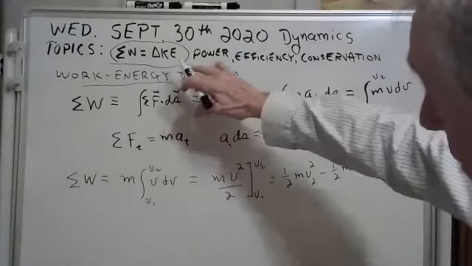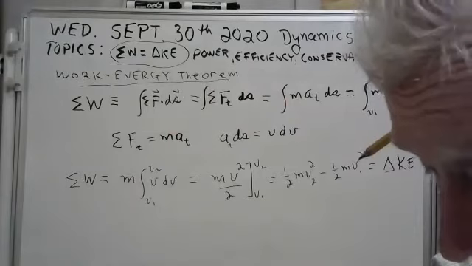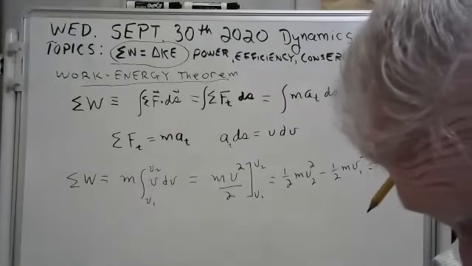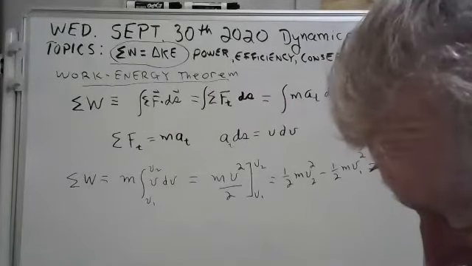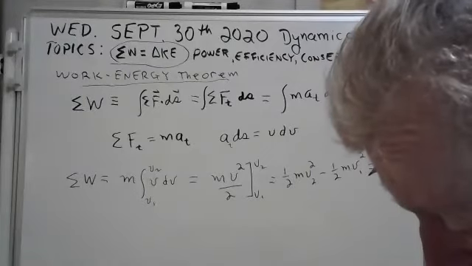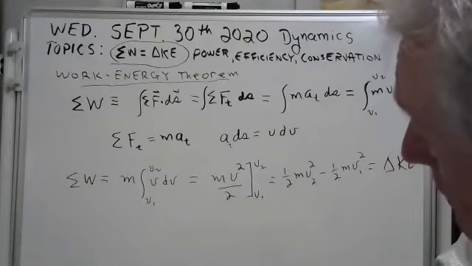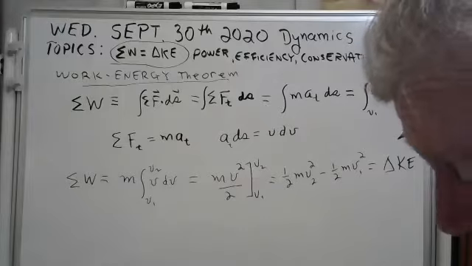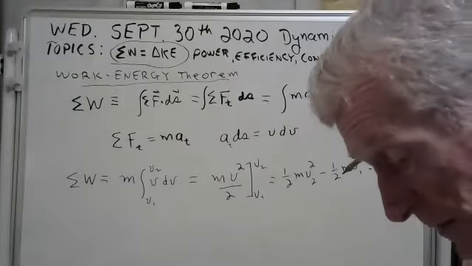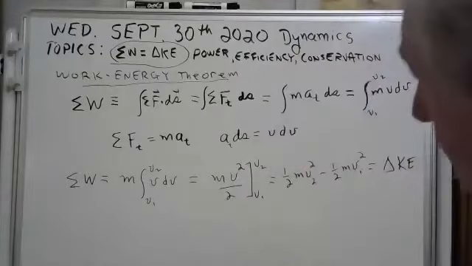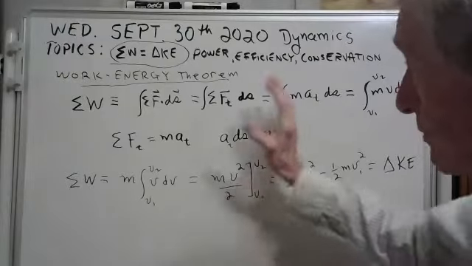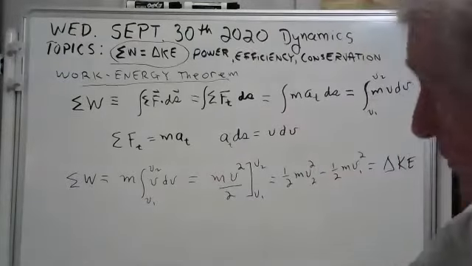We're going to talk about power and efficiency now. Okay. Well, let's talk about power and efficiency now. This is on page 204. I'm going to erase all this stuff, but believe me, we'll be using it.